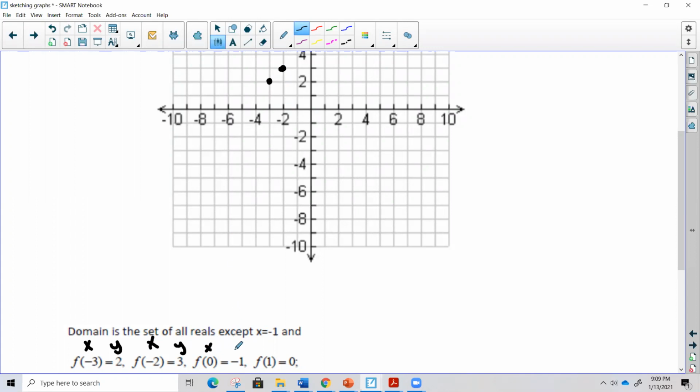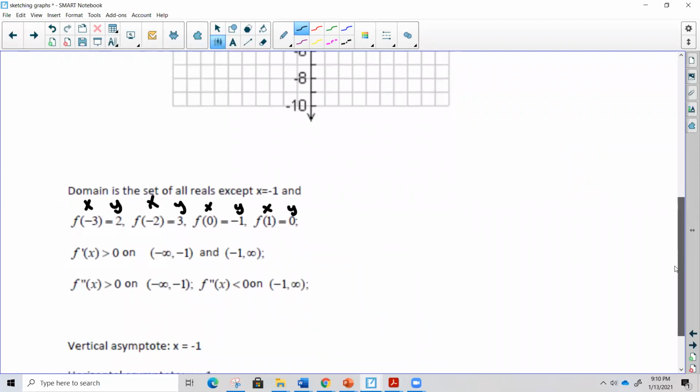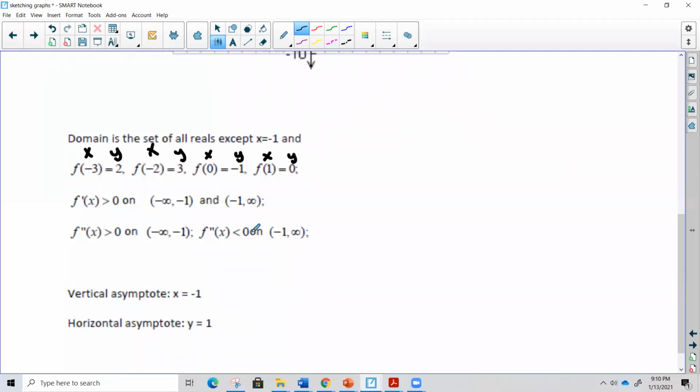At 0, I'm going to plot my y value to be -1. And at 1, when x is 1, my y value is 0. So then I have information about f prime of x.